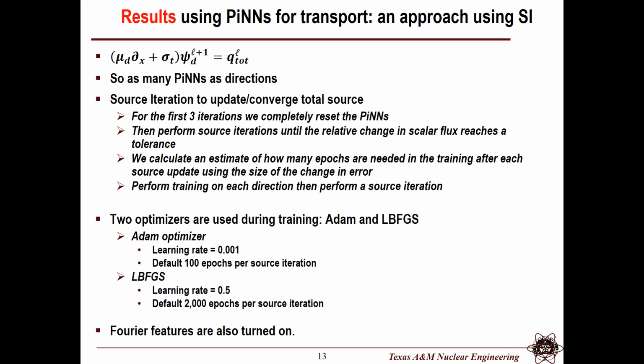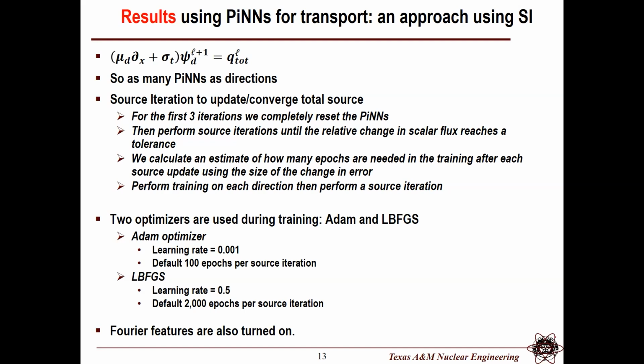Then we perform source iterations until the scalar flux converges, as I said before. And we have a method of calculating how many epochs will be needed in each training after the source iteration updates, scaled using the size of the error. And so we perform the training on each of our PINs, then get our updated source term, which we then use to retrain our PINs and update until we converge.